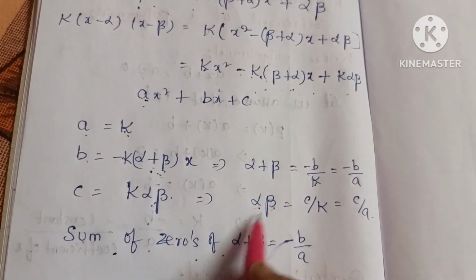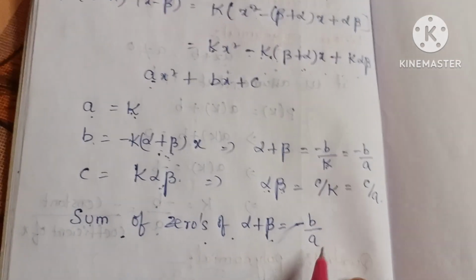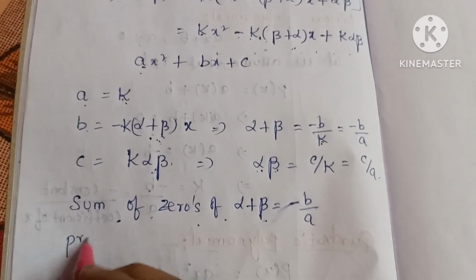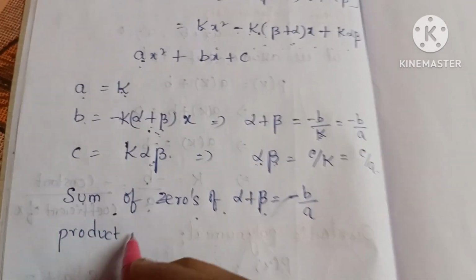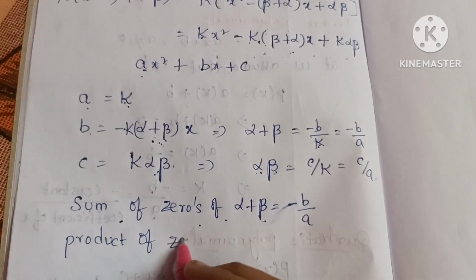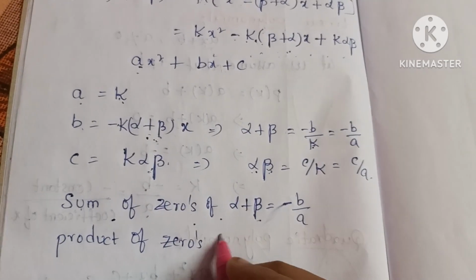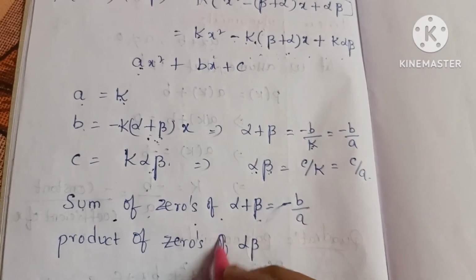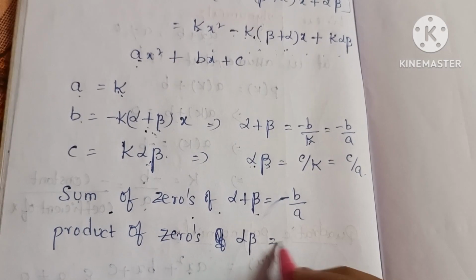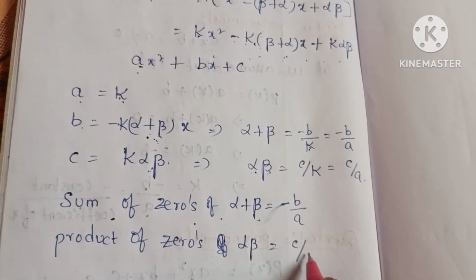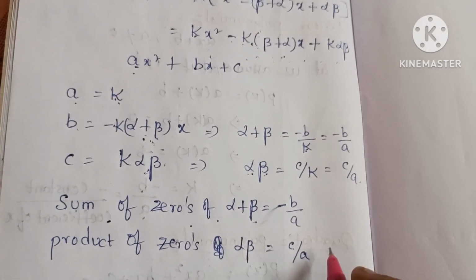Now alpha beta means the product of the zeros. So the product of zeros, alpha beta, equals c by a.